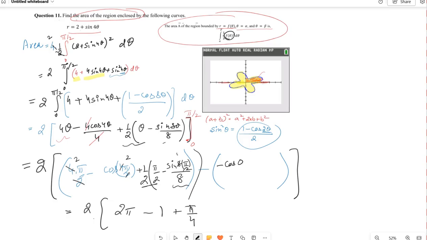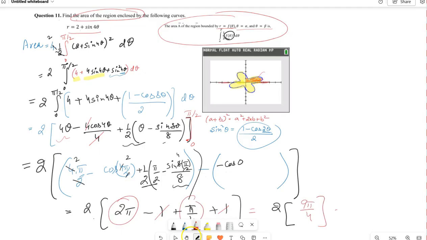Sine 4 pi is 0, so I don't need to write that. Minus minus is plus 1. So what do we have? 2 outside. 2 pi plus pi by 4 is 9 pi by 4. The answer is going to be 9 pi by 2. That is the area of the whole region shaded.